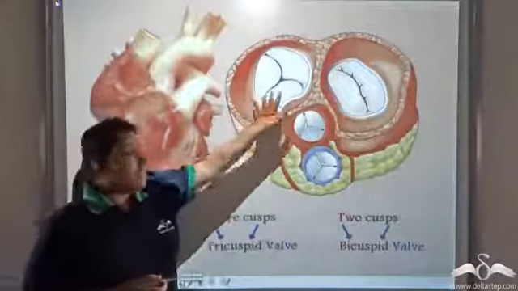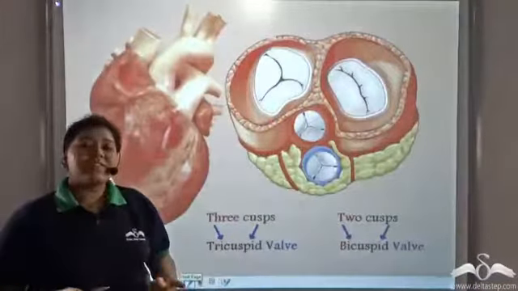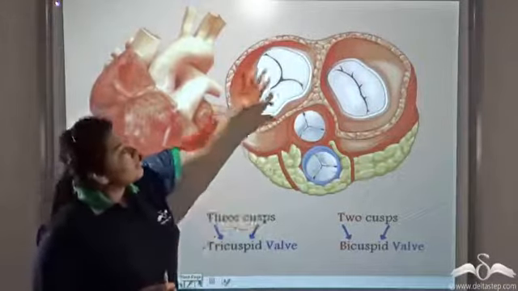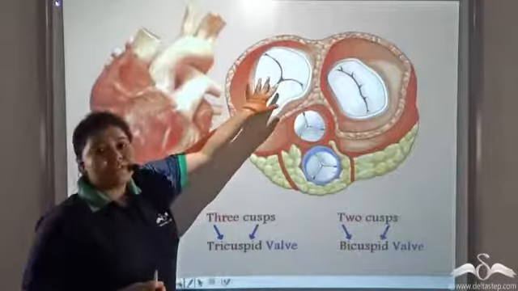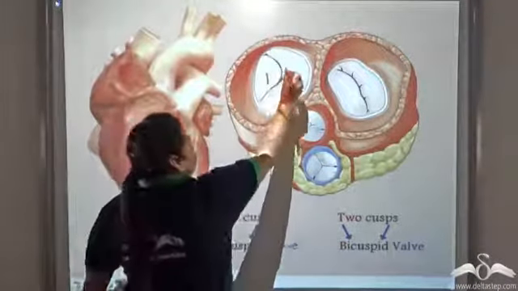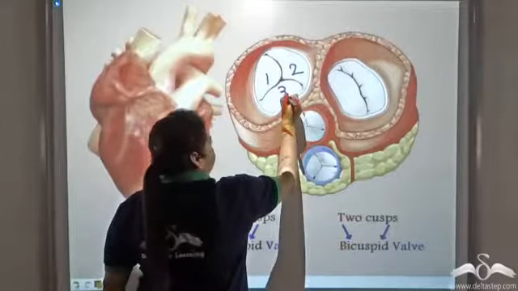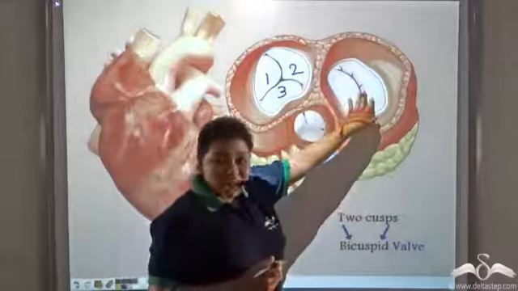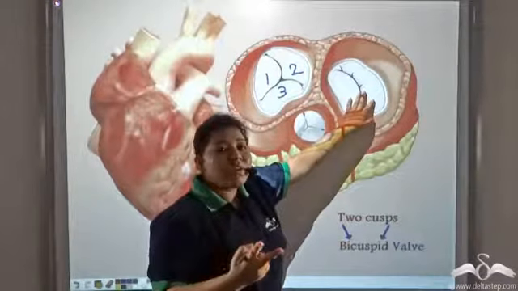The right and the left atrioventricular valves do not look similar. See, the right atrioventricular valve has 3 cusps. But the left atrioventricular valve has only 2 cusps.